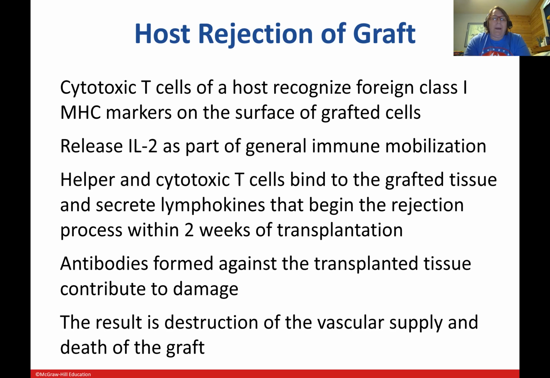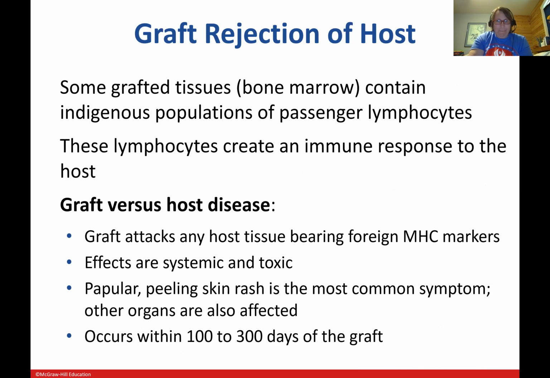So a lot of the damage that occurs actually ends up being to the vascular supply, which will ultimately lead to the death of the graft. If the tissue doesn't have any blood feeding it, then it's going to die off. The other way is that lymphocytes that come along with that graft might actually be released and turn around and attack the host.